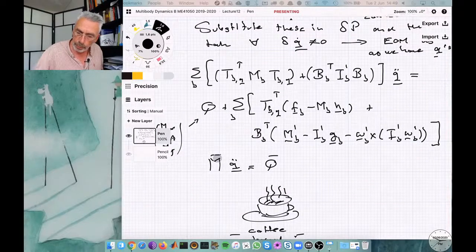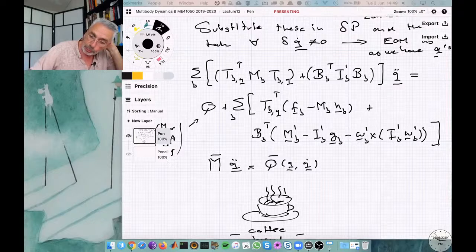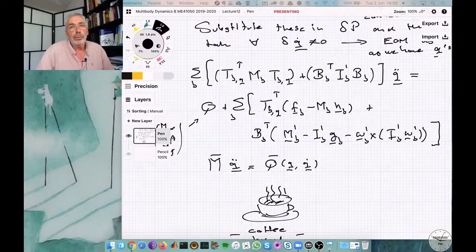So M times q double dot is forces, and maybe it helps to say that these are a function of q and q dot, and they're even quadratic in this one. And of course the applied forces depend on q dot, and from q you see the transformations in here. Anyway, it always breaks down to forces equal mass times acceleration.